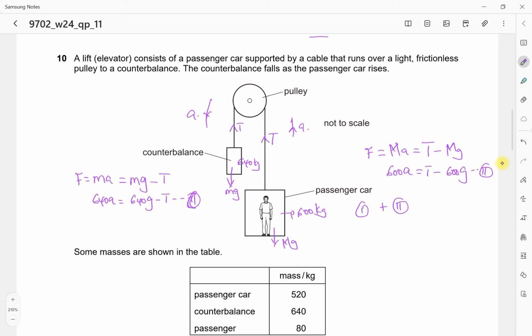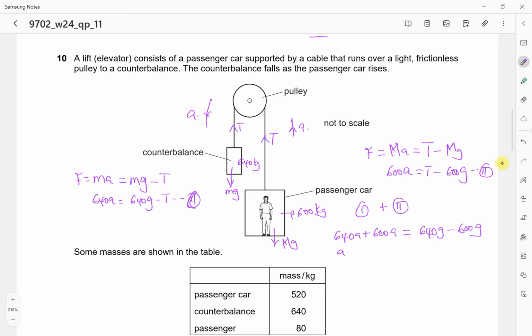So when I add equation 1 plus equation 2, I'm going to have that 640A plus 600A equals, the tension T disappears when you add the two equations, T cancels out. And then you have 640g plus negative 600g.